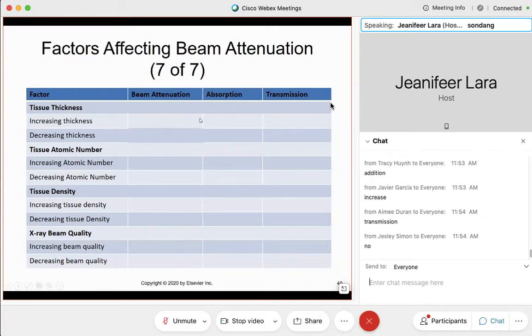Now, I don't understand why they did this, because beam attenuation does take on absorption, right? But for whatever purposes, whether they're meaning this as Compton or solely photoelectric absorption, fine. So if beam attenuation increases with thickness, so does absorption. What happens to transmission? It should decrease, right?